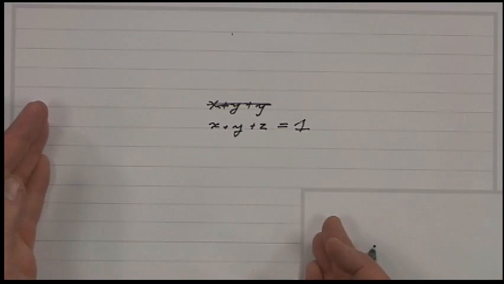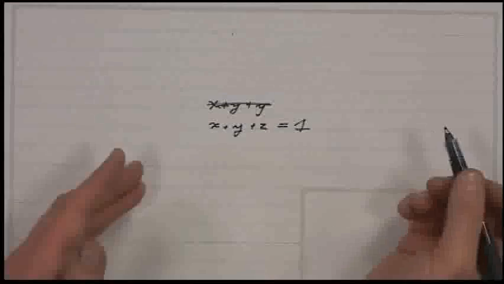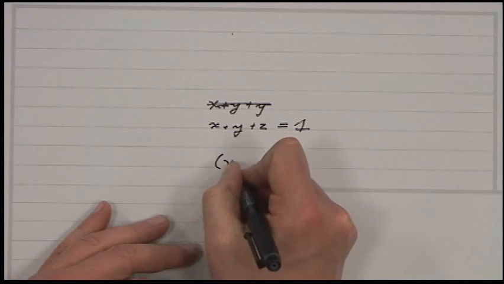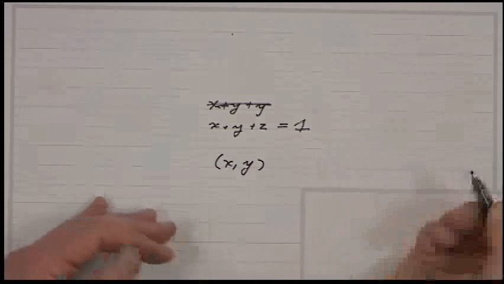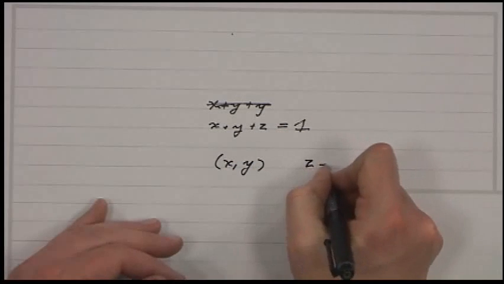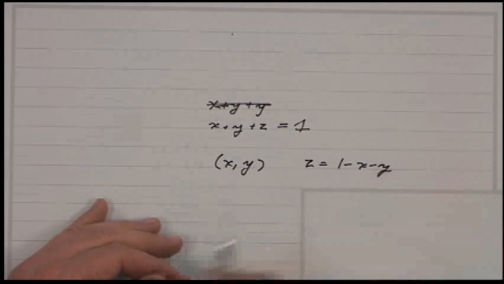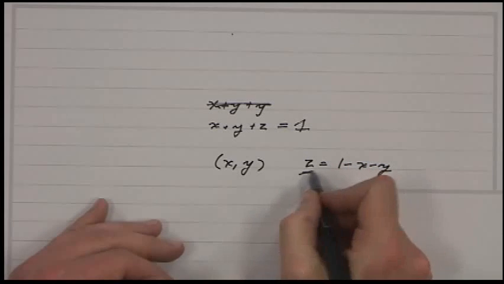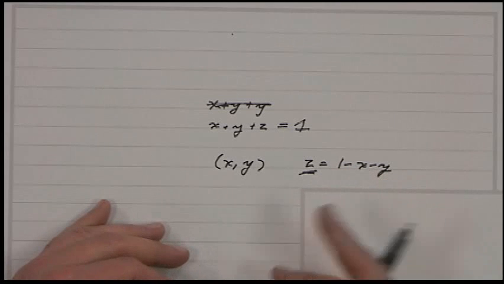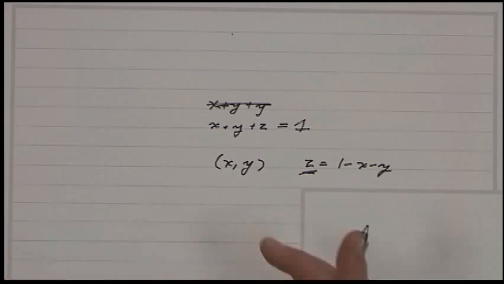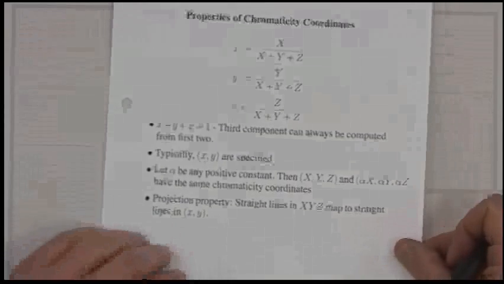So if you give me x and y, I can calculate z, because z must just equal 1 minus x minus y. So usually you don't bother giving z. You just give x and y, because that's good enough mathematically. So you don't need to know them.